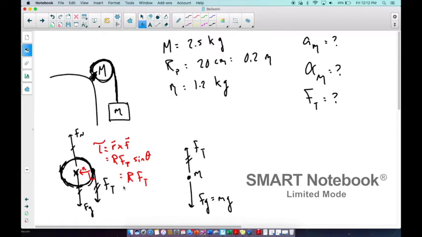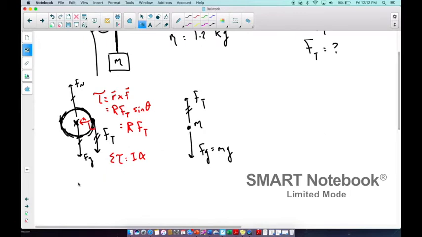Now I can write another expression for that, right? I know that net torque equals I alpha. So I know that there is no other torque acting, just this. So therefore I can say that R times force of tension, where that's the radius of the pulley, right? There's no other radius, but I think I called it R_P up there, equals I alpha.